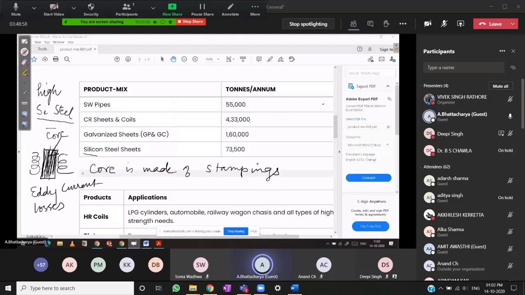These stampings are used in all your motors, fans, generators, everywhere, all electrical machines using this silicon steel. That is that product, and Rourkela Steel Plant is the pioneer in this, and this is the capacity here.